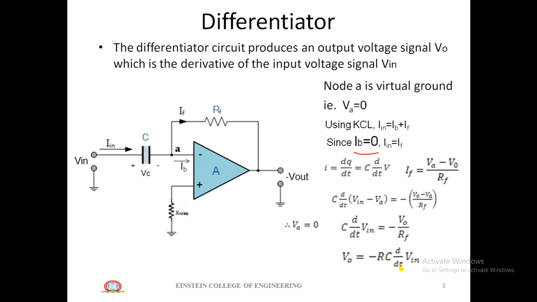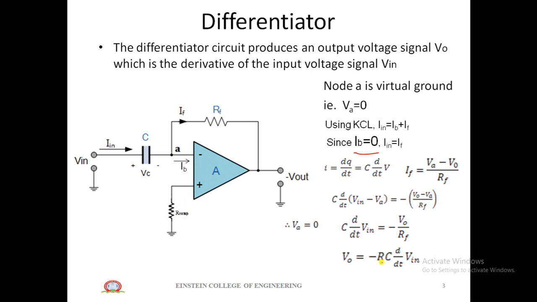So from this equation we can say the output voltage is the derivative of the input voltage with the time constant RF into C. And it has the negative sign, which says that the output voltage will be 180 degree phase shifted from the input voltage.